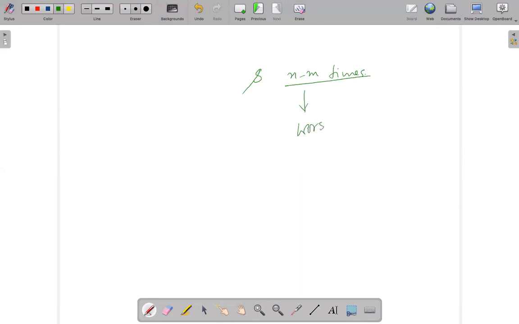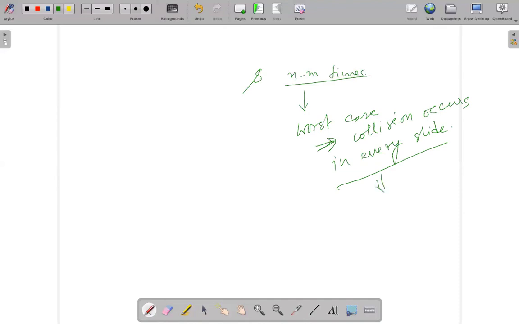The worst case is where a collision occurs in every step, in every slide. Okay. So as you slide the window, in every slide there is a collision. So this is the worst case.